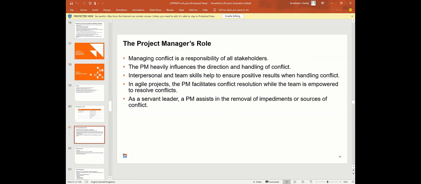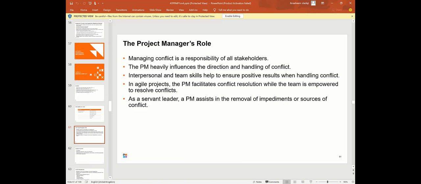That is a very important point that you can make the mistake of missing by the time you are asked in the exam. Managing conflicts is the role of everybody. Everybody plays a role when it comes to managing conflicts, all stakeholders.